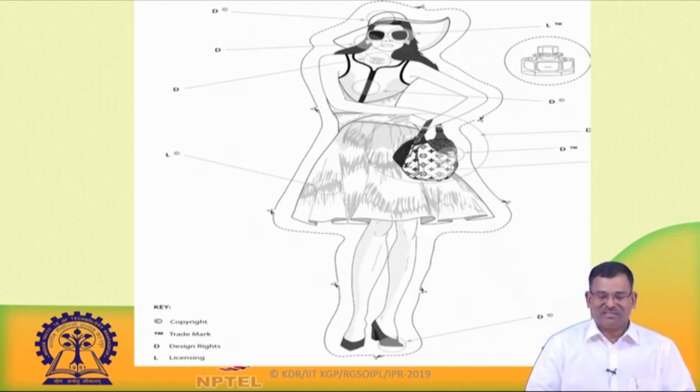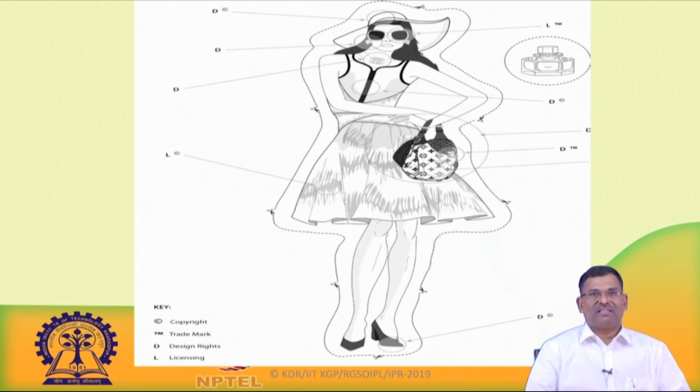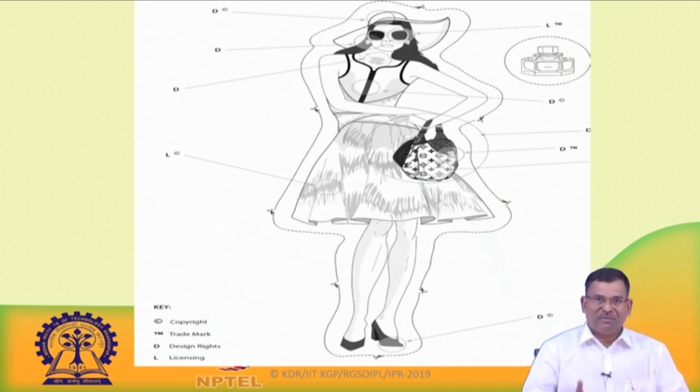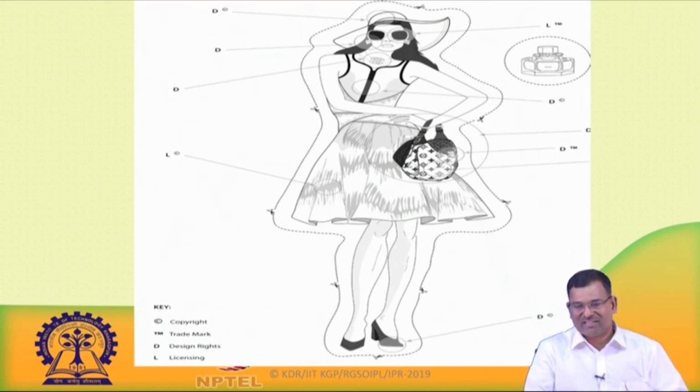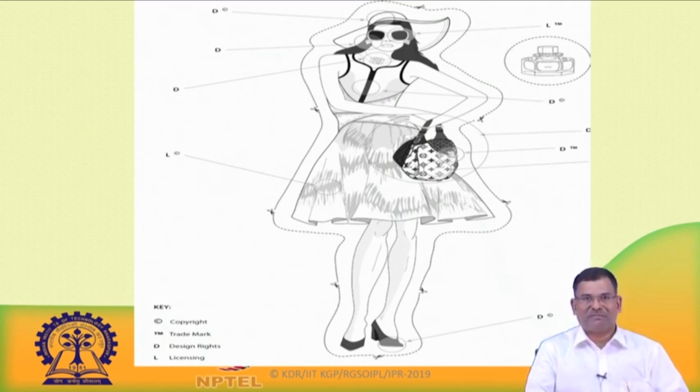And most importantly, you can see that in a single item there can be multiple intellectual property rights protections. For example, in this particular picture you can find some copyrighted or copyrightable materials. You can see the trademark registrations, and also the design rights, and also licensed material.